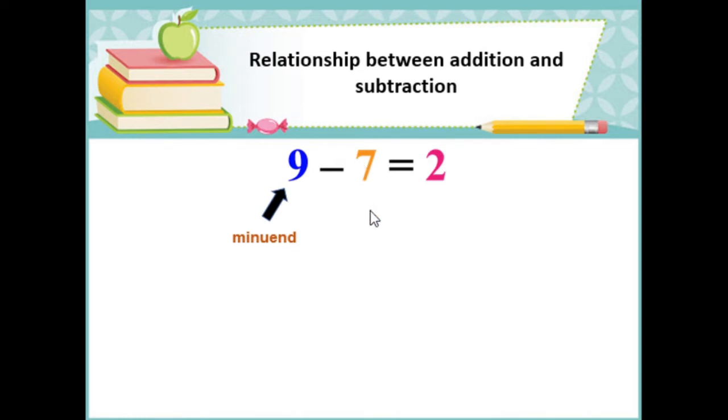Number 7 here is our subtrahend. Number 2 is the answer or the difference.